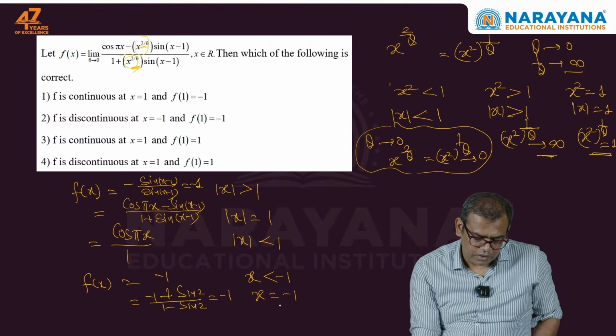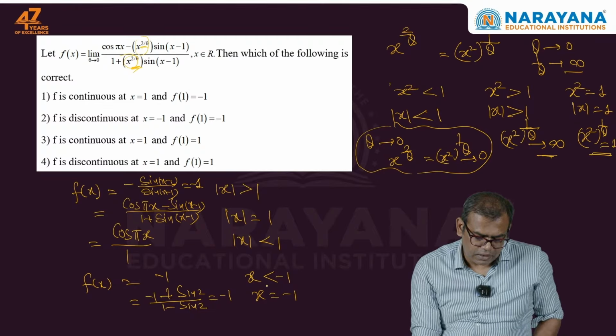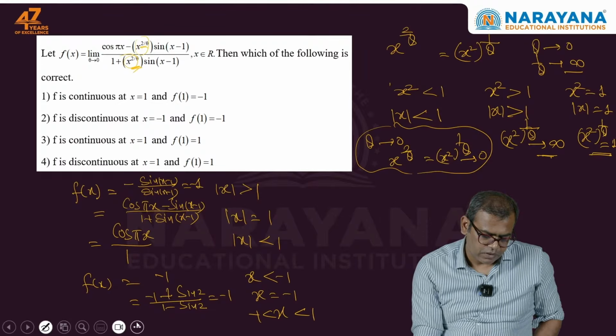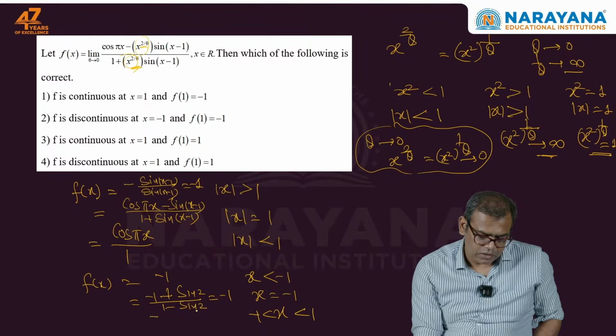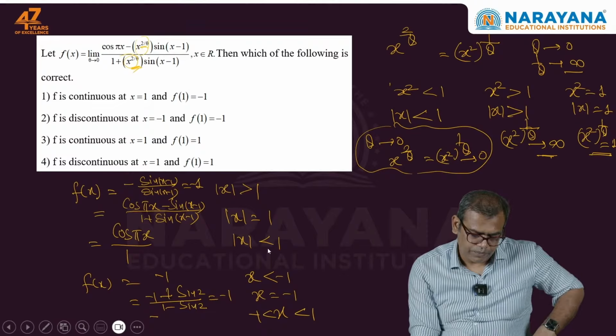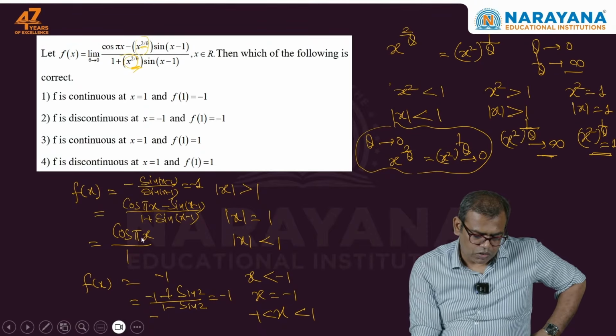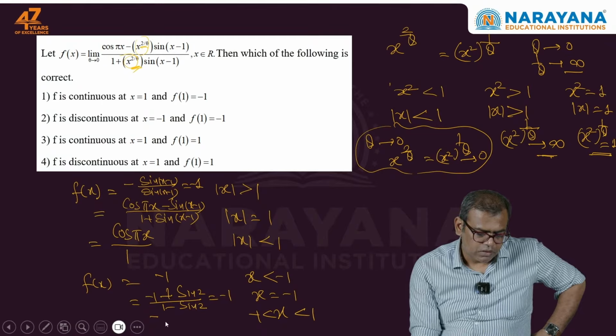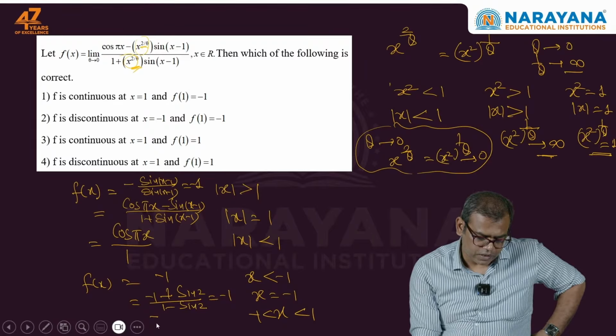And take x less than minus 1, so x greater than minus 1 to plus 1. That case will come here. Again we will write this.